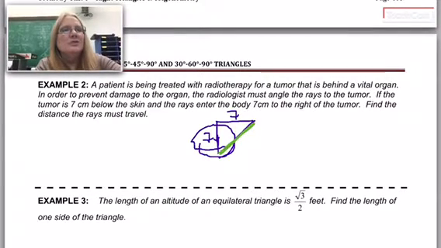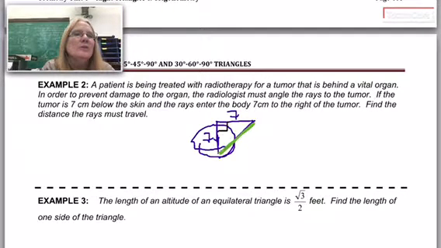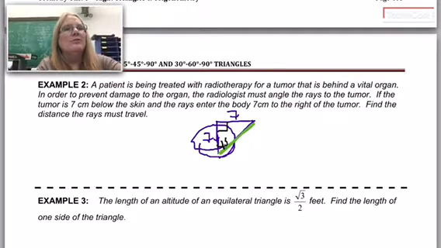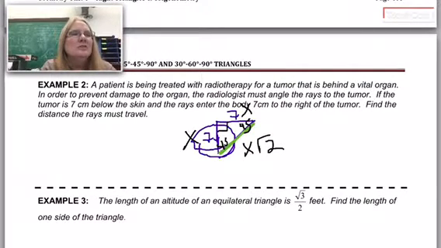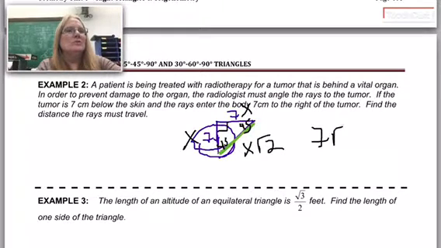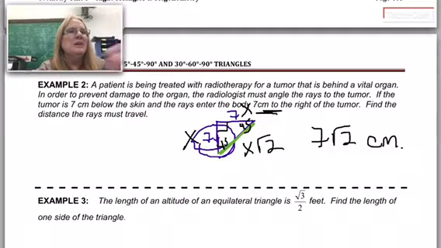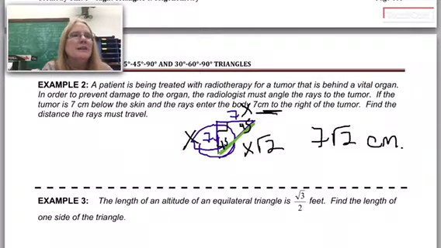So anytime that you have a right triangle and it's isosceles, so the two legs are the same, it is a 45, 45, 90 triangle, okay? Across from 45s are x, and this is x to the square root of 2. So if x is 7, x to the square root of 2 is 7 to the square root of 2, and this is 7 to the square root of 2 centimeters. That is how far the rays must travel. Okay, let's look at the next example.